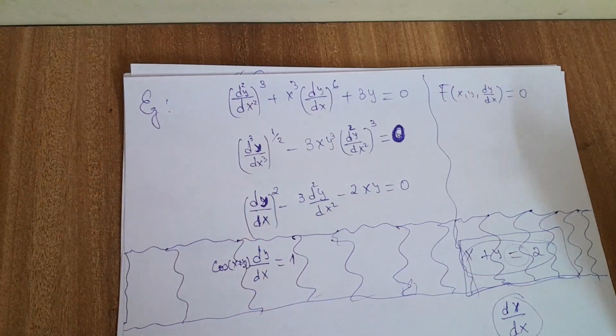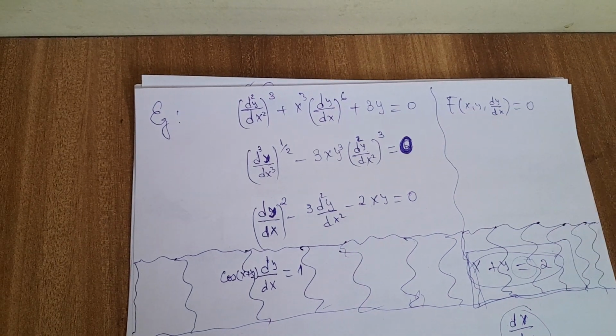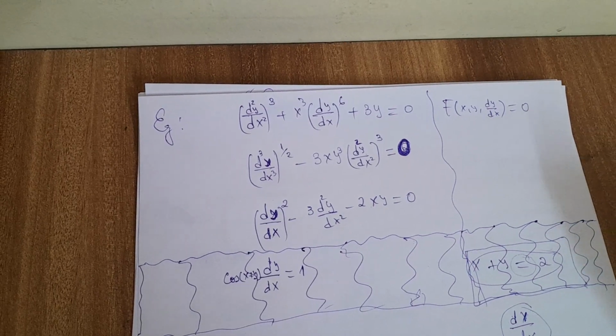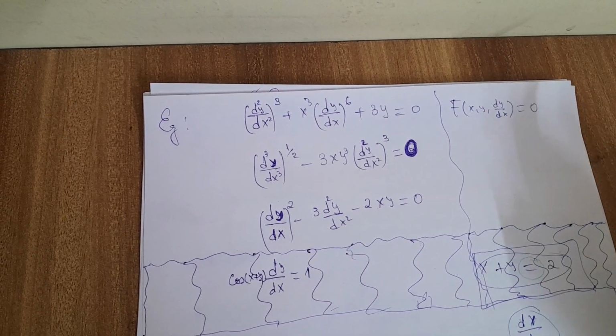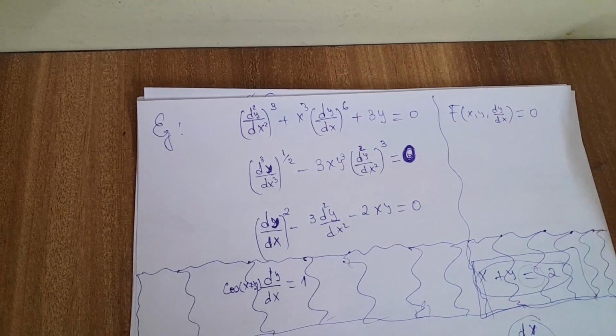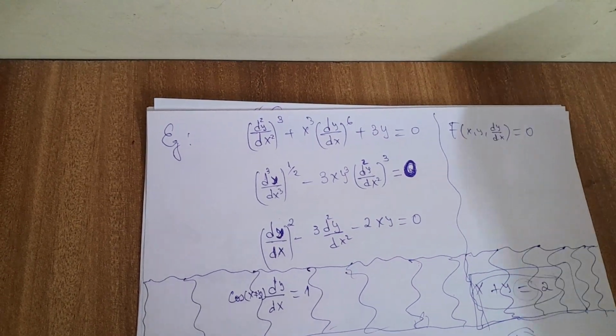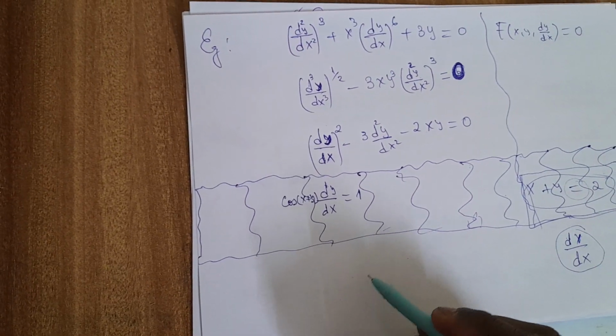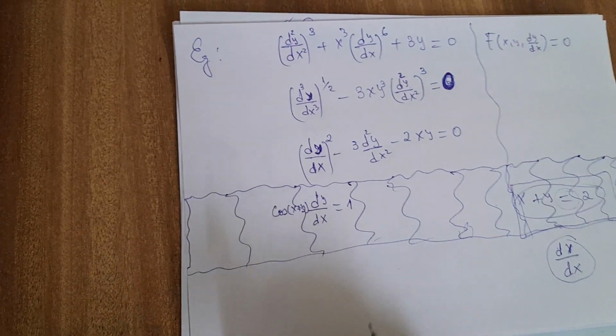So here we are going to start speaking about differential equations. What is a differential equation? First, differential is this. Now, what is an equation? We know that any equation is an equality.